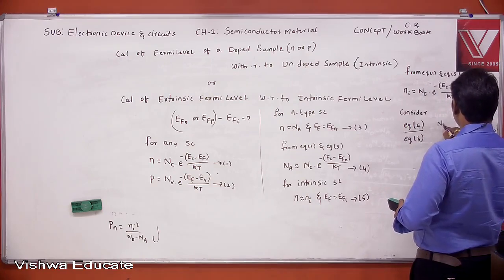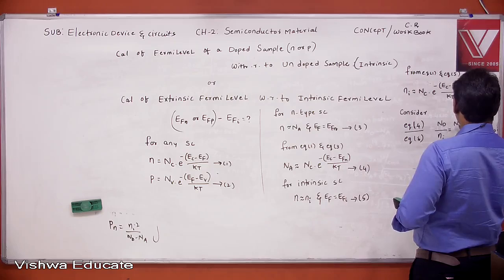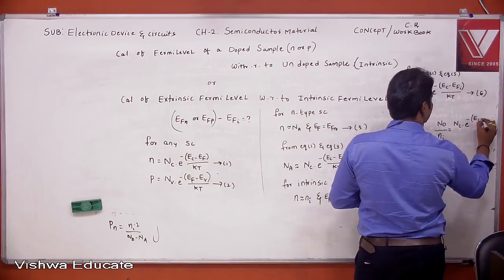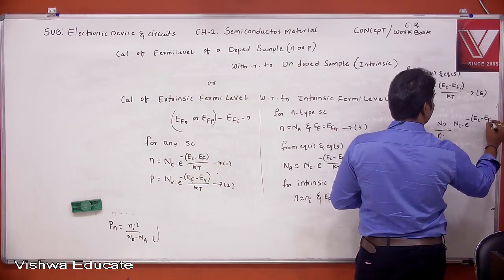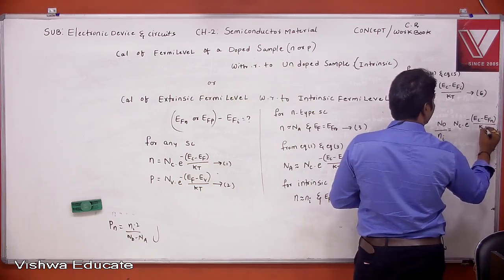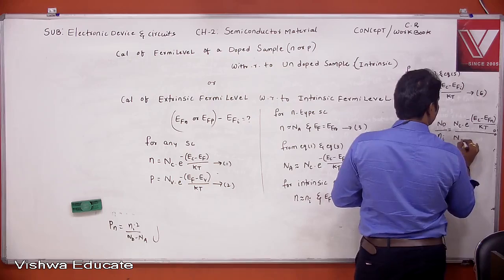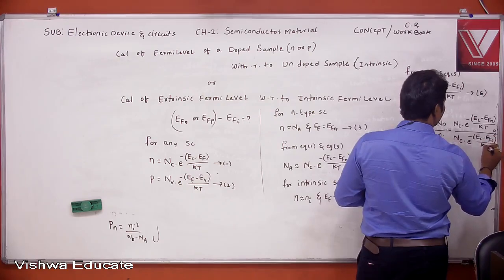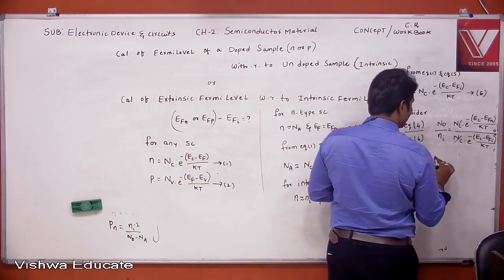Now this is Nd by Ni is equal to Nc into e power minus of (Ec minus EFN) by kT, over Nc into e power (Ec minus EFI) by kT. Nc cancels.